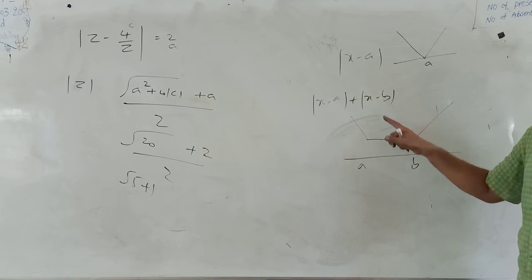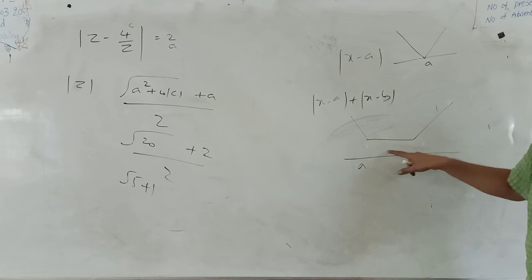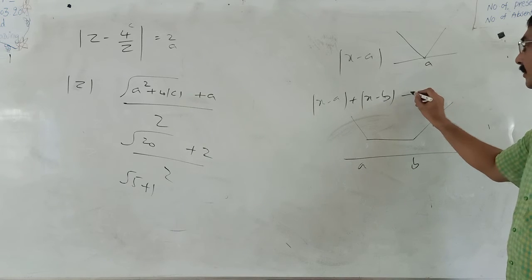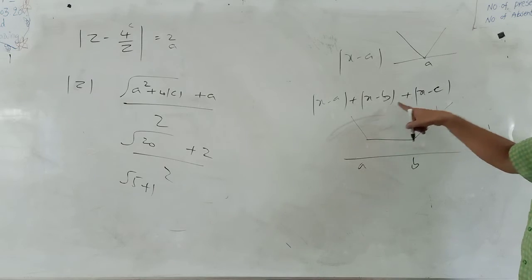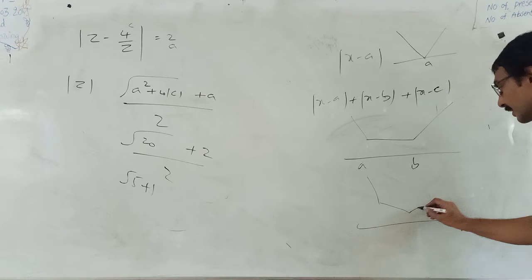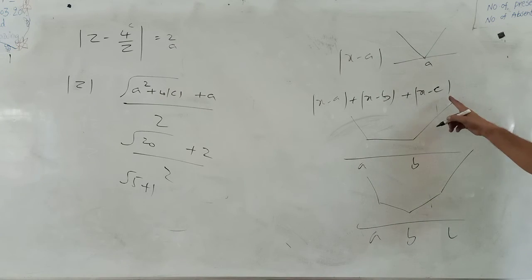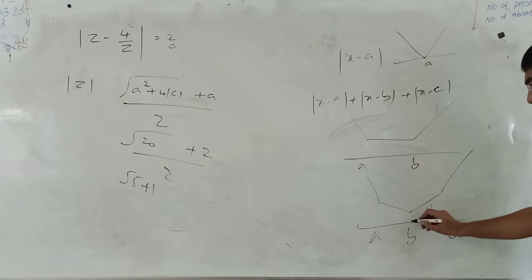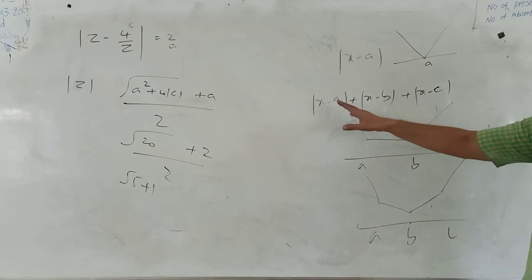So this one has its minimum value at a or b or any value between a and b. Graph of modulus of x minus a plus modulus of x minus b plus modulus of x minus c has turnings at a, b and c. Then this one has its minimum value at b, only exactly at b.